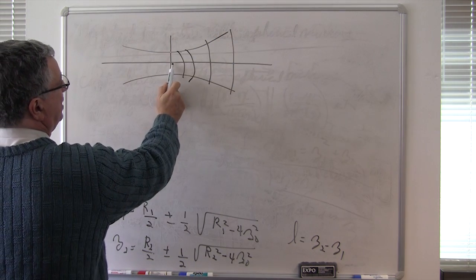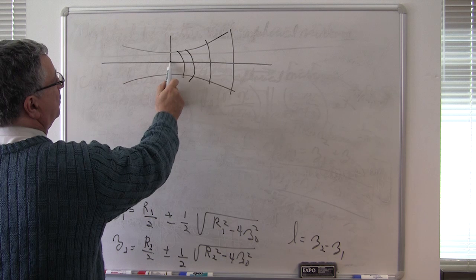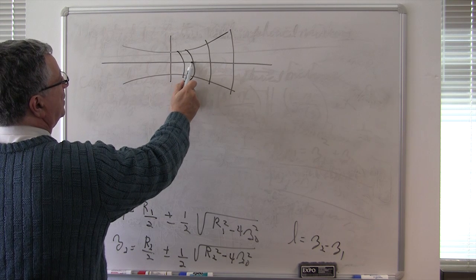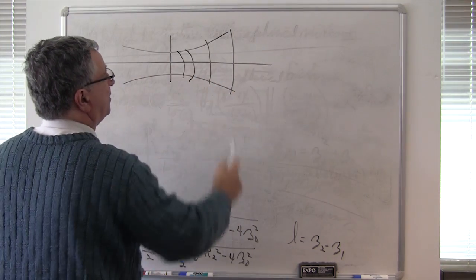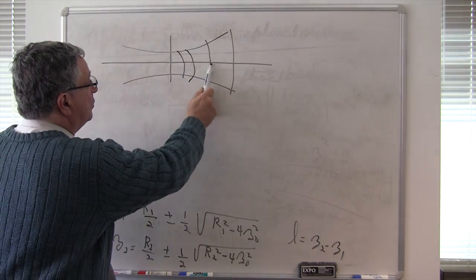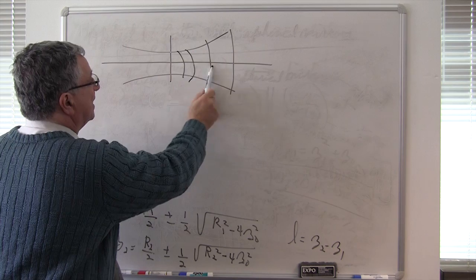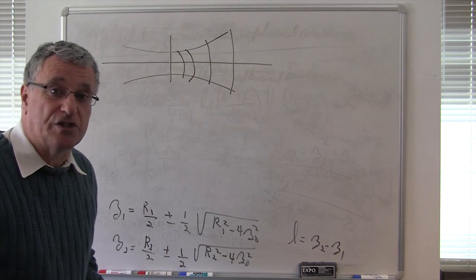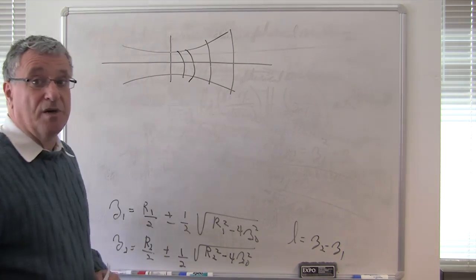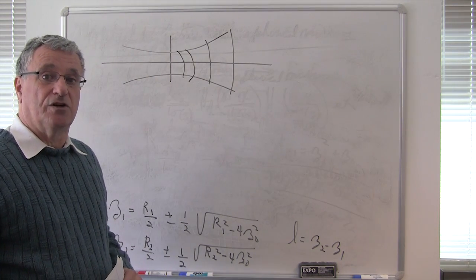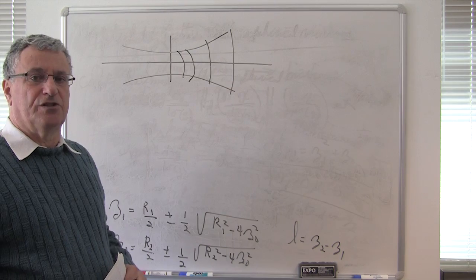So first you go from an infinite radius of curvature. Here, your radius of curvature gets small to a minimum, and then it starts expanding again. So there are two positions of Z that have the same radius of curvature around the position where you find the minimum radius of curvature, or maximum radius of curvature, I should say.